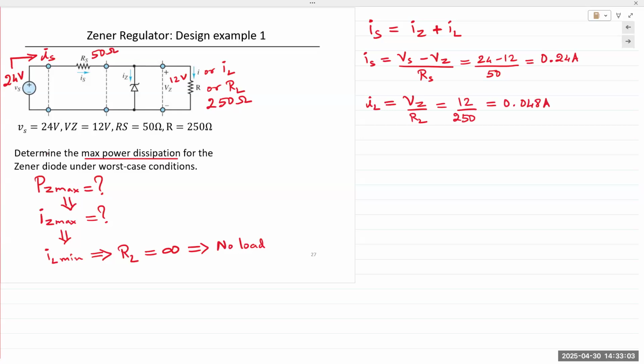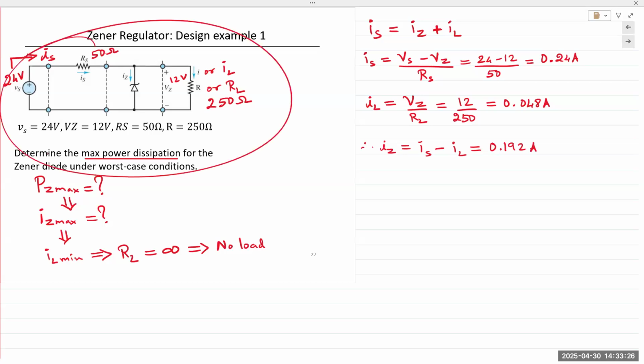And from here, we can calculate IZ. IZ would be equal to IS minus IL. And that turns out to be 0.192 amps. So for the circuit parameters given as is right here, maximum IZ value would be 0.192.